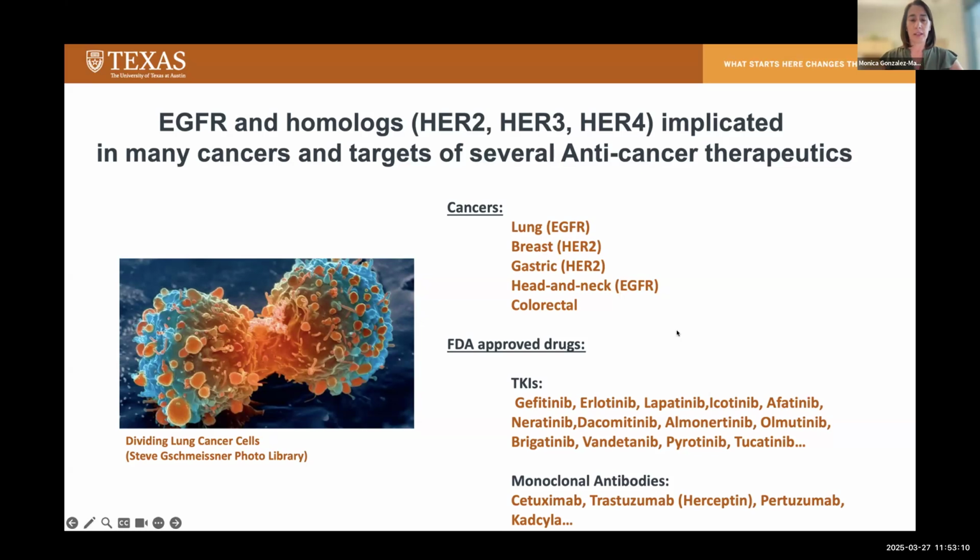There are already a lot of FDA-approved drugs directed against different parts of the receptors. Unfortunately, most of the time after the treatment is started, mutations appear and cause resistance. So usually the treatments are combined, but even then there's a need for better treatments.